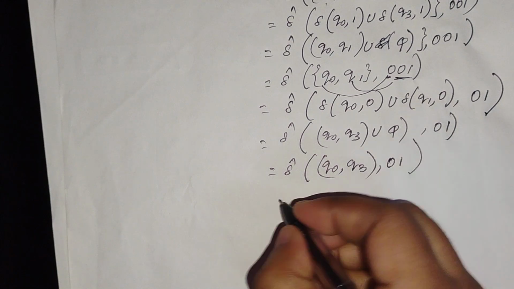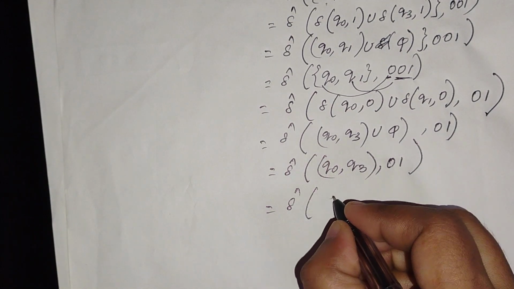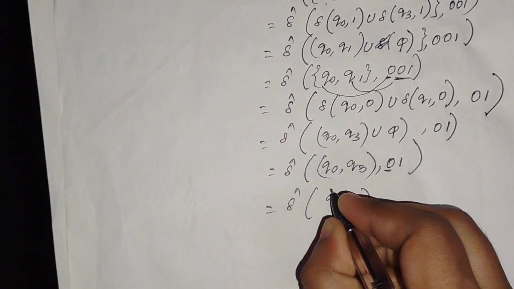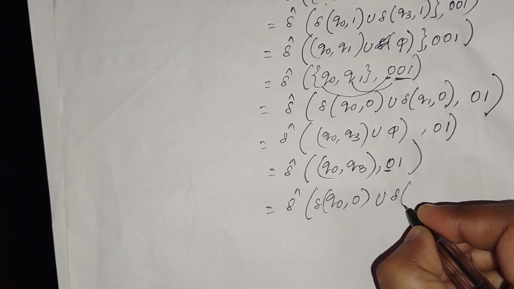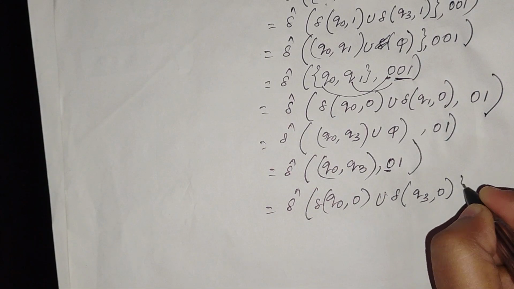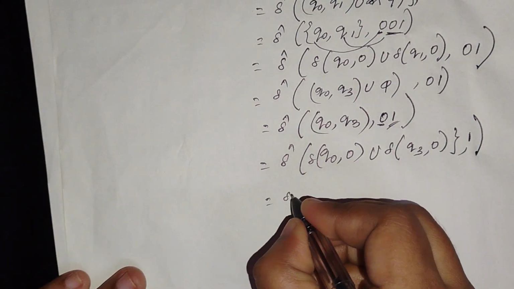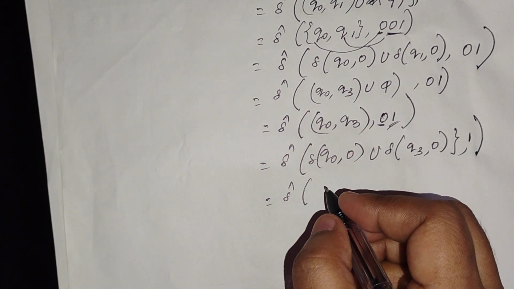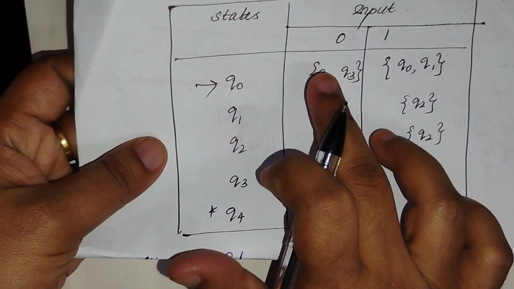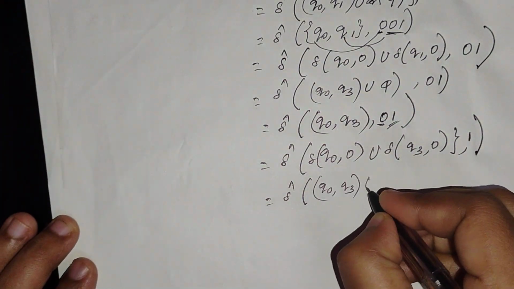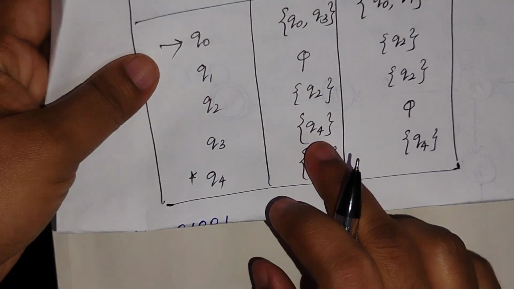Then the next transition function for the next symbol 0: δ(Q0, 0) union δ(Q3, 0), with the remaining symbol 1. What is δ(Q0, 0)? It is {Q0, Q3}. Union, what is δ(Q3, 0)?